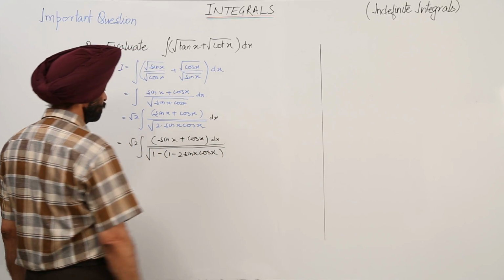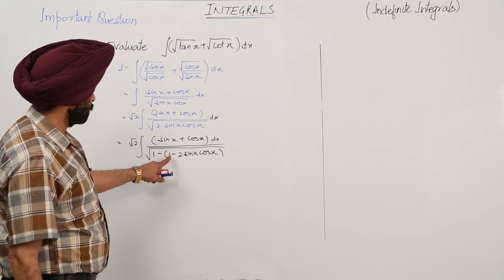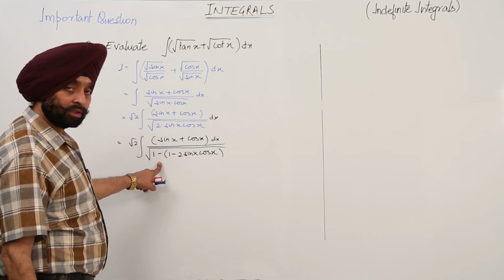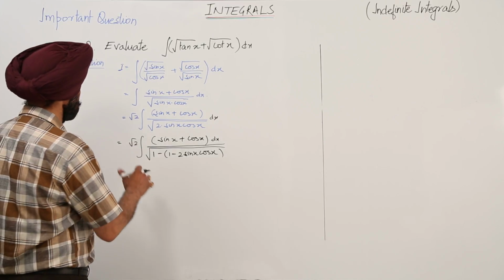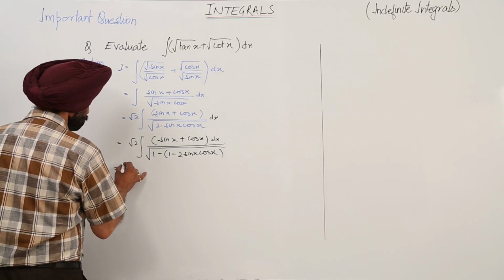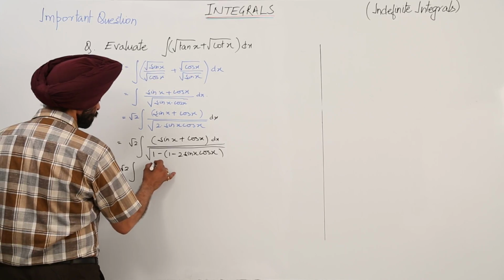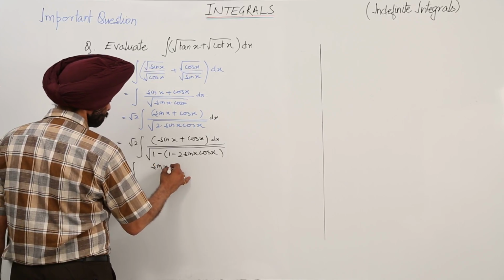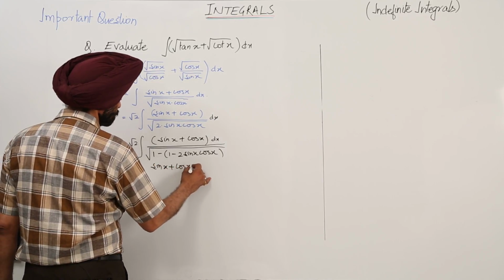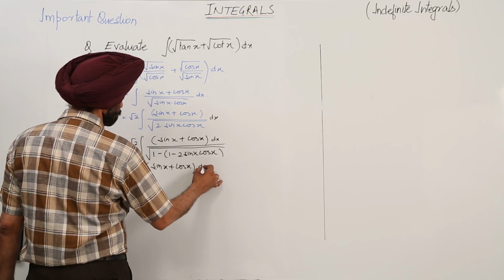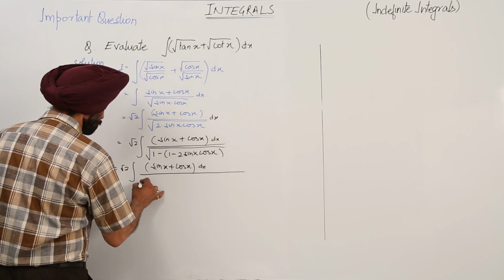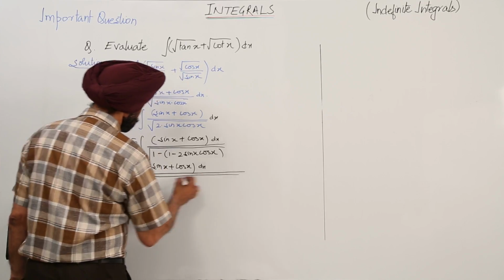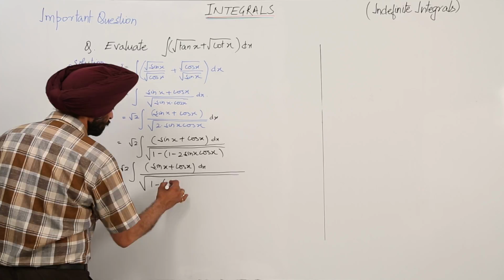Check it. If we open the bracket, 1 minus 1 cancels and we are left with 2 sin x cos x. Now what is the need of this? Just check it. Root 2 integration of (sin x plus cos x) dx upon the square root of 1 minus, in the bracket, 2 sin x cos x.